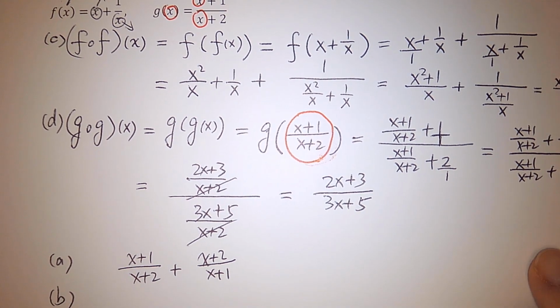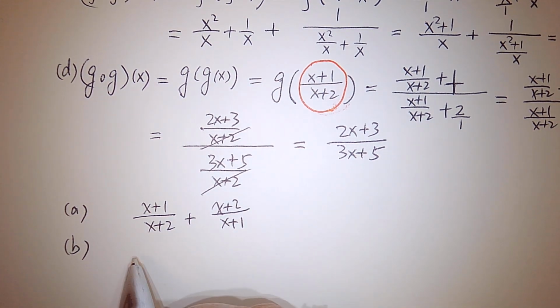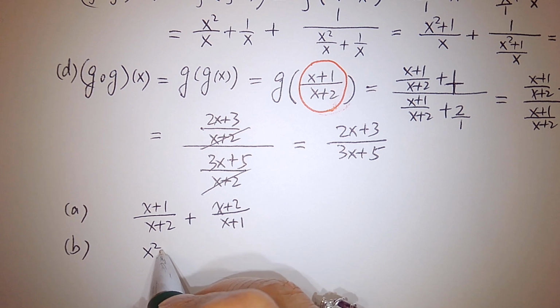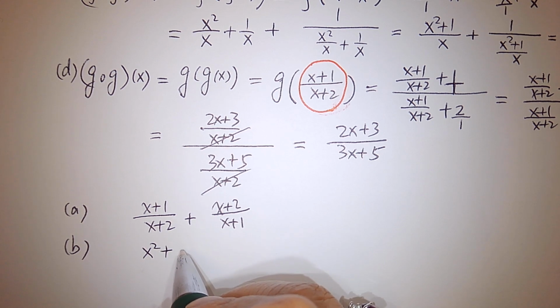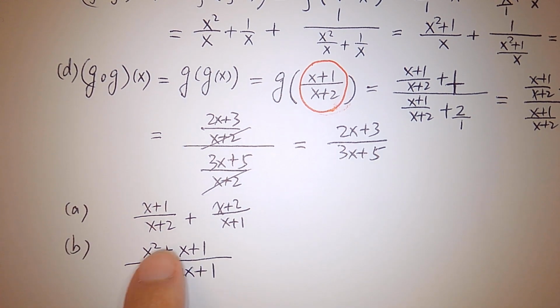Okay, so this one is okay. The answer is... of course you can complete the square. This is x plus 1 in parentheses squared. Either way, okay.